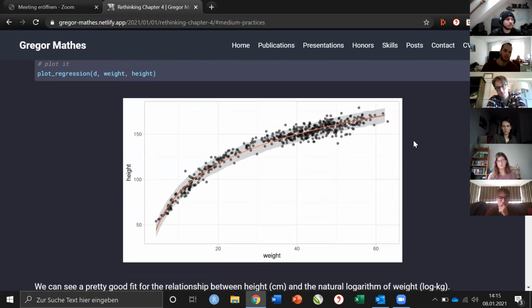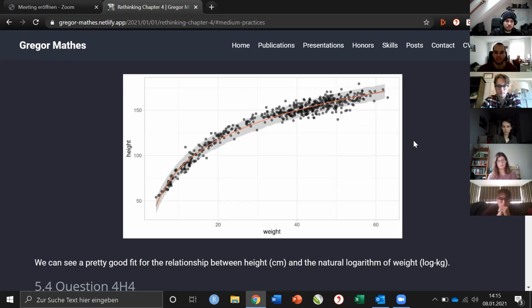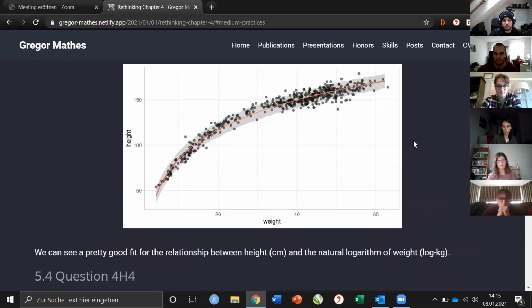So I think it's quite a nice result. And the good thing about this is that I even think that you can get some mechanistic understanding from the log in this model.